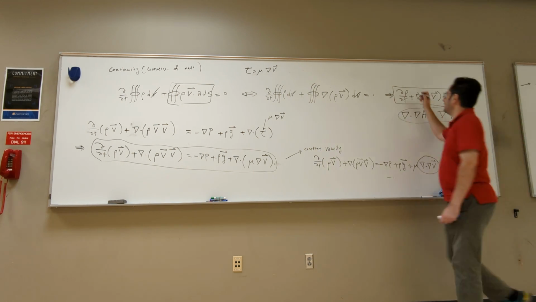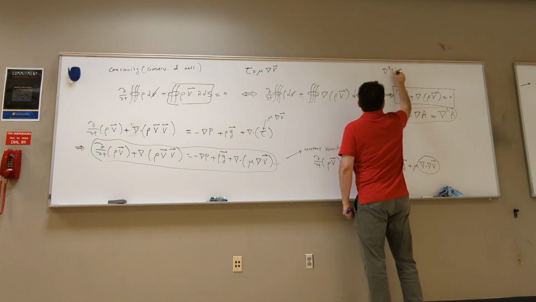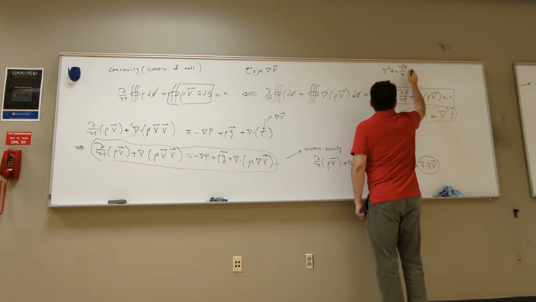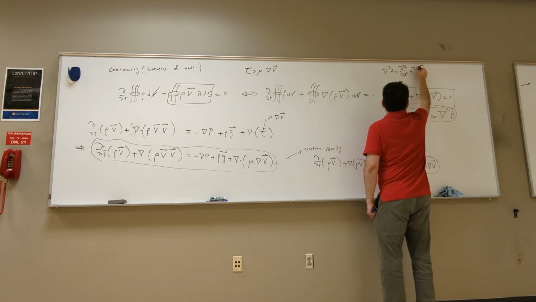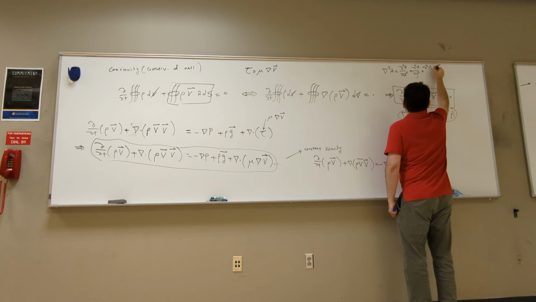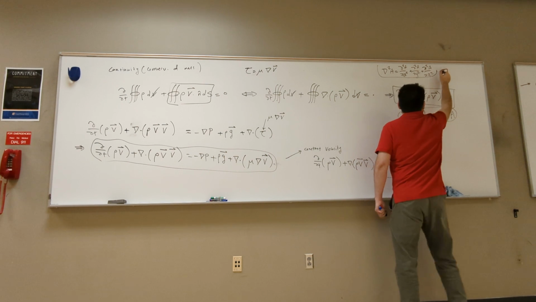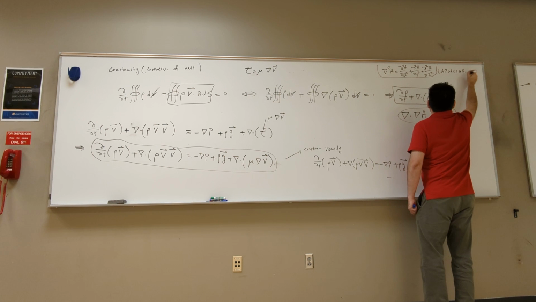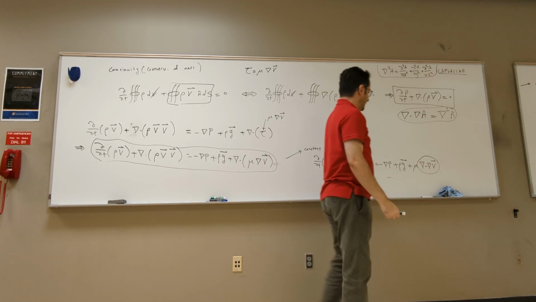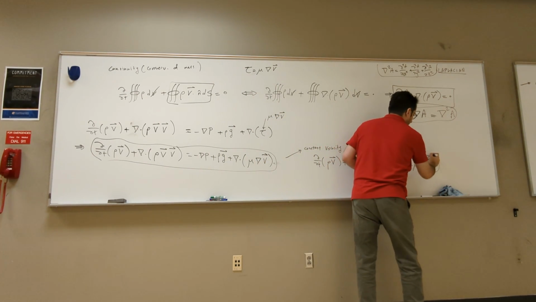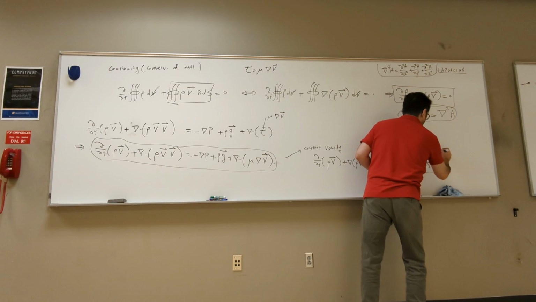Del squared A is the second derivative of A with respect to x, plus the second derivative of A with respect to y, plus the second derivative of A with respect to z. Laplacian. Now, instead of divergence gradient, I can say del squared B.